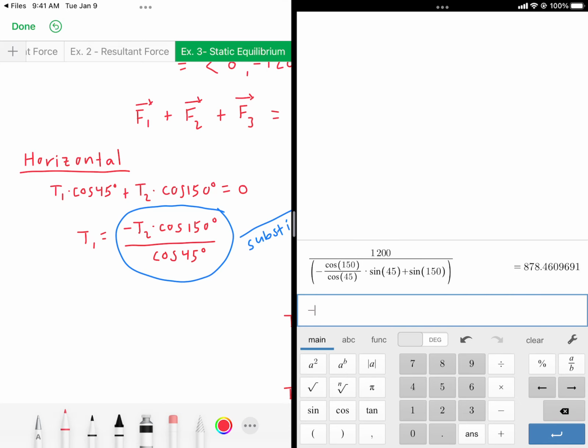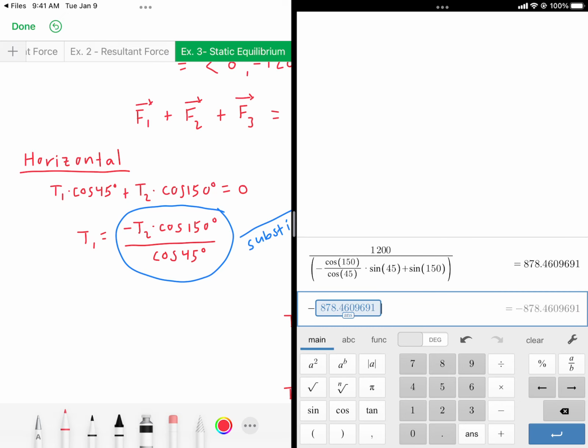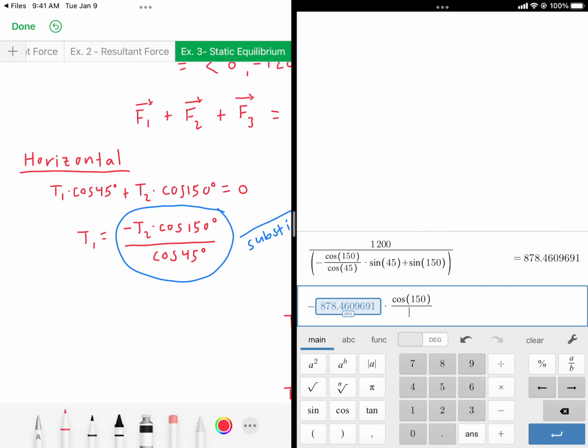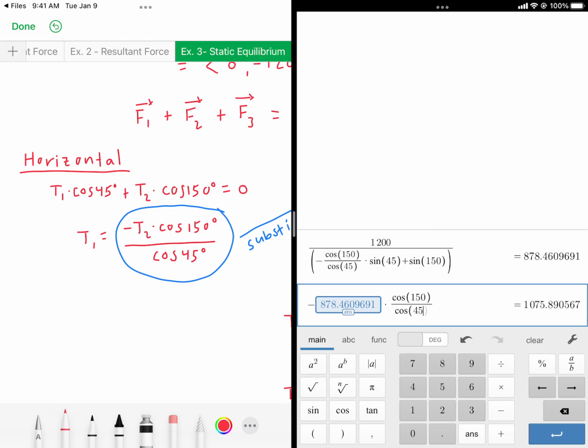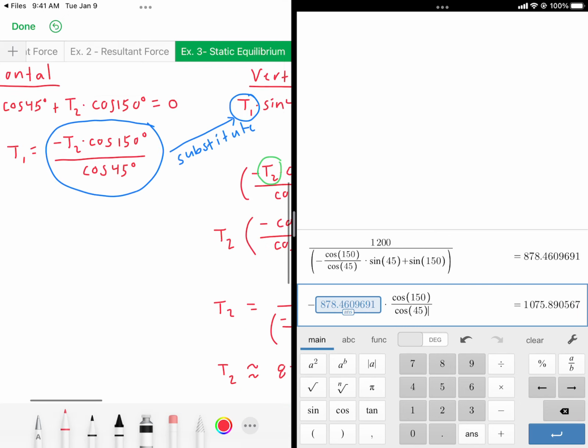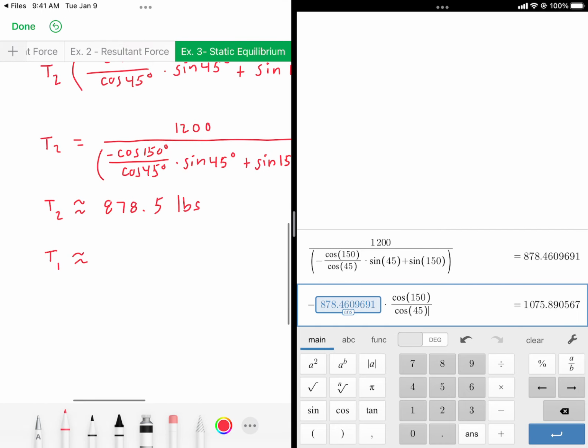We'll do the negative of my last answer that I just got times cosine of 150 divided by cosine of 45. And my second tension should be 1075.9 pounds.